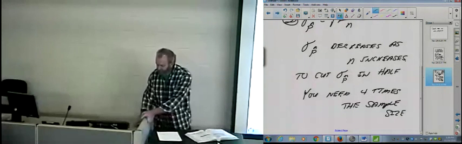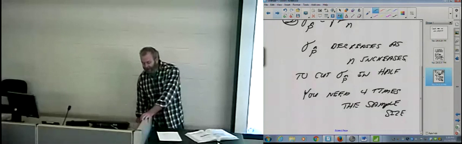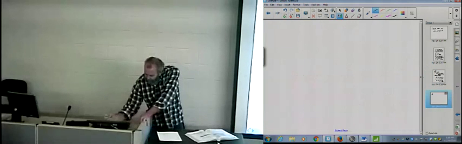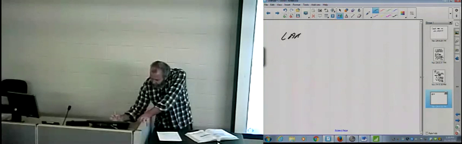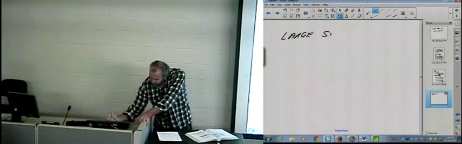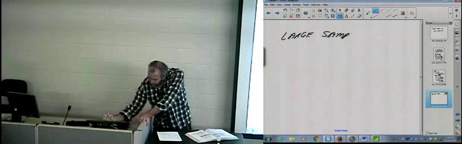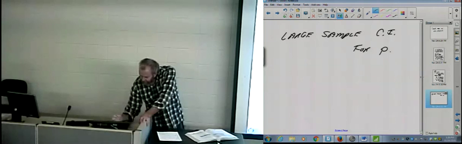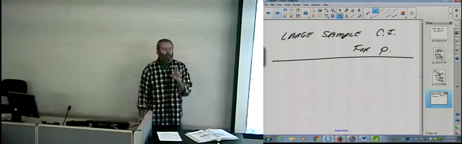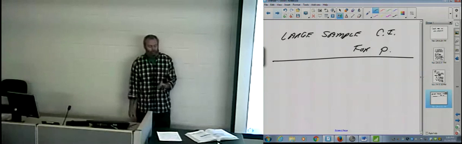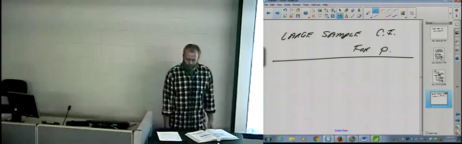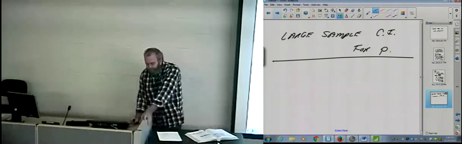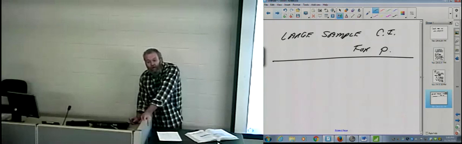Now, the confidence interval we're going to look at is called the large sample confidence interval for P. Remember, that's your parameter here. That's your population proportion. Now, here's what I want to do.